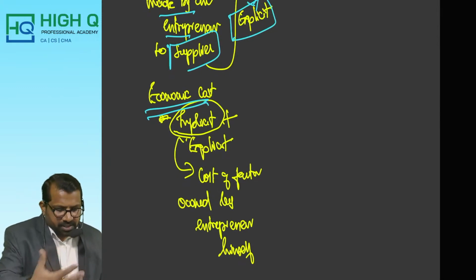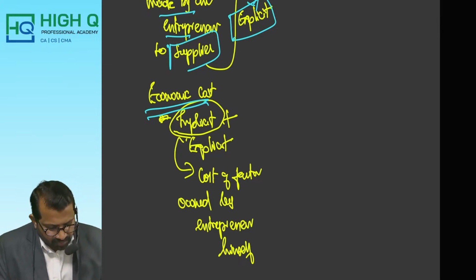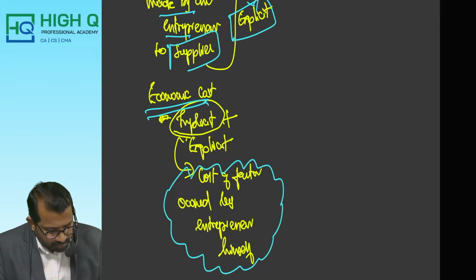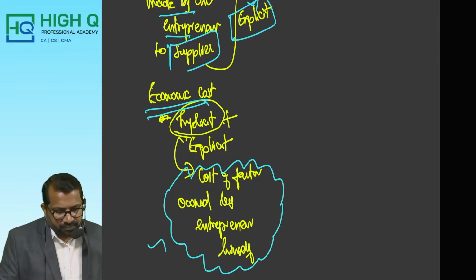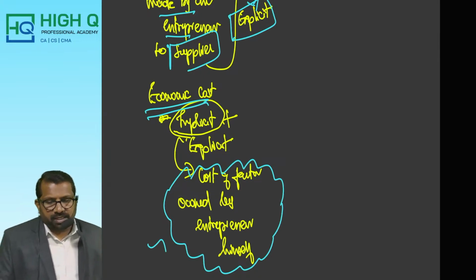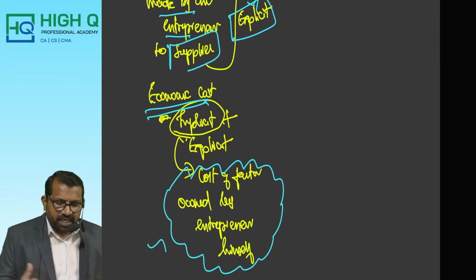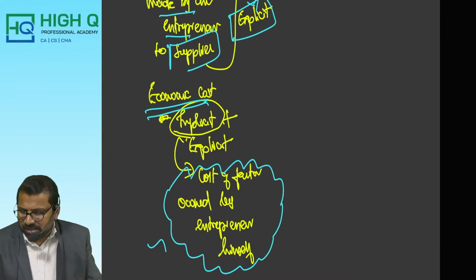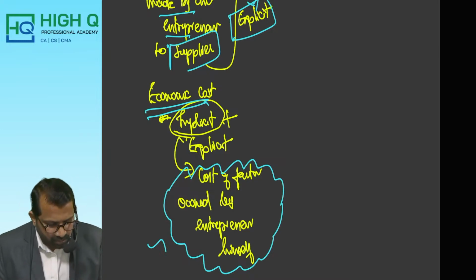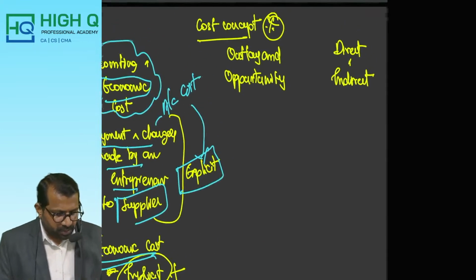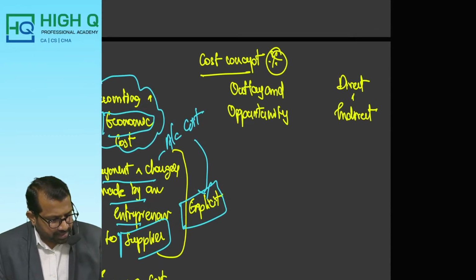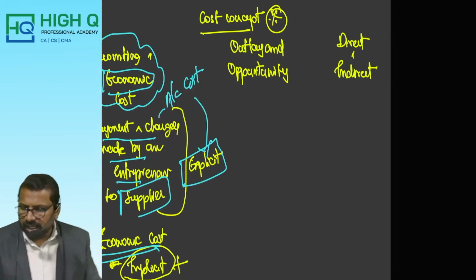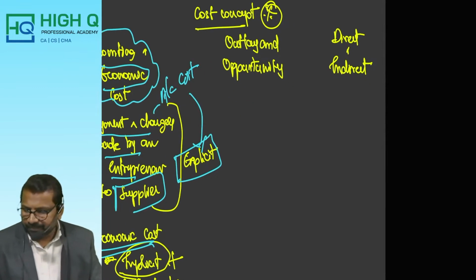Implicit is the cost of factors owned by the entrepreneur himself. So implicit plus explicit cost equals economic cost, point number 1.